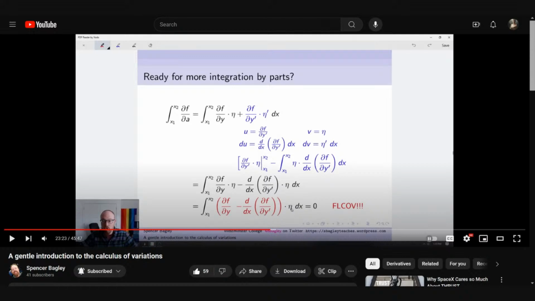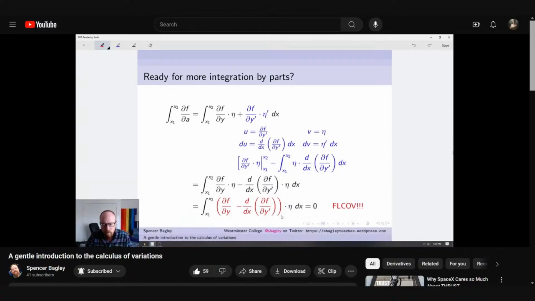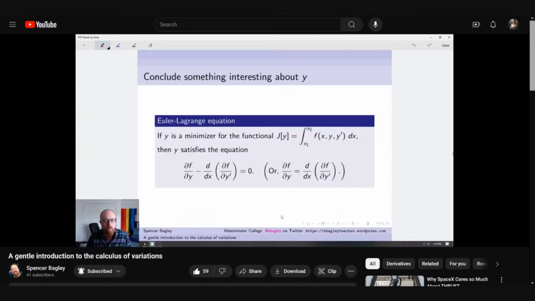If the definite integral is 0, that means that the red must be 0 or a constant. In this case, it's 0. Cool. This means that this quantity has to be identically 0. This is called the Euler-Lagrange equation.